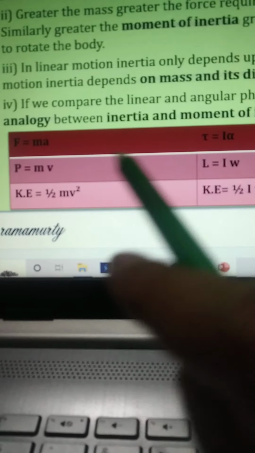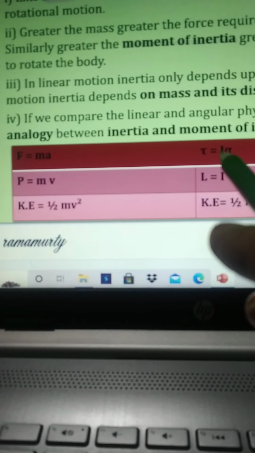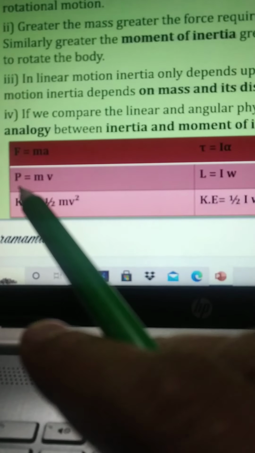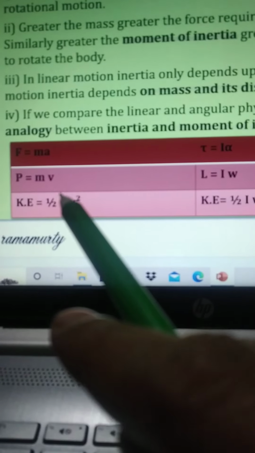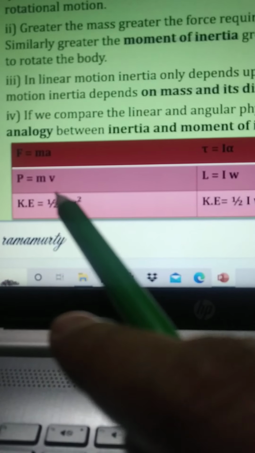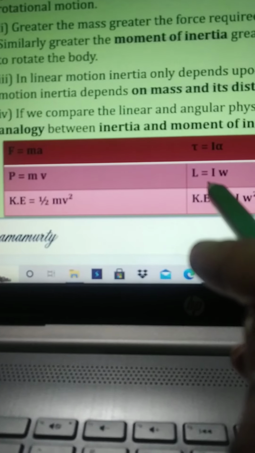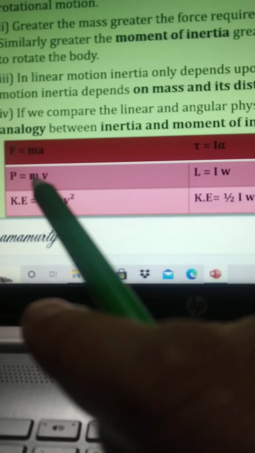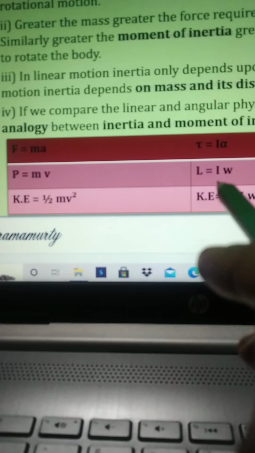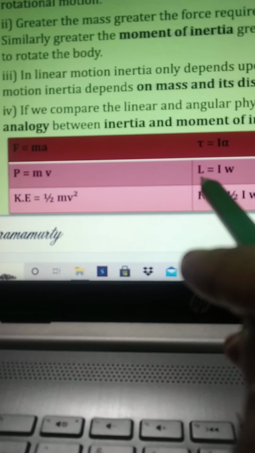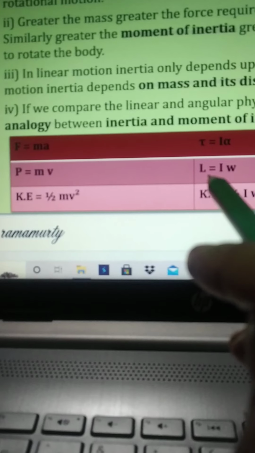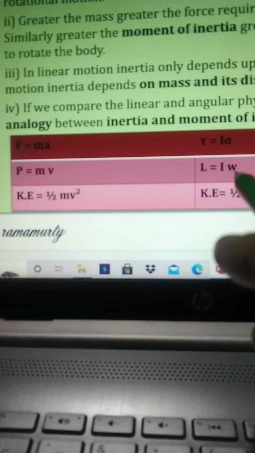So mass plays the role of moment of inertia in rotational motion, correct? Again, the formula for linear momentum is P equal to mv, and in rotational motion, L is equal to I omega, where L is angular momentum.